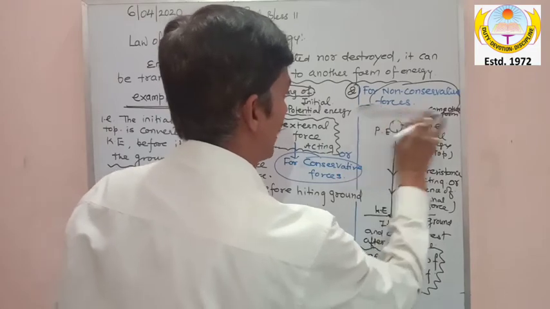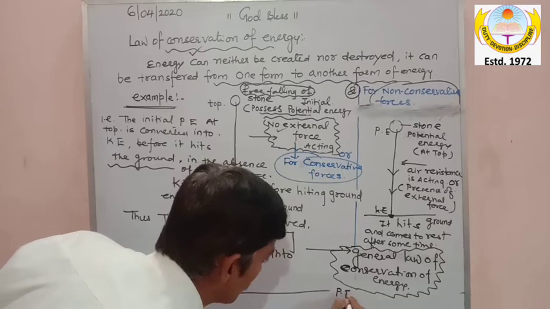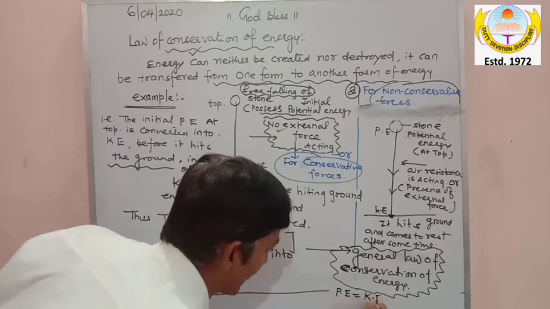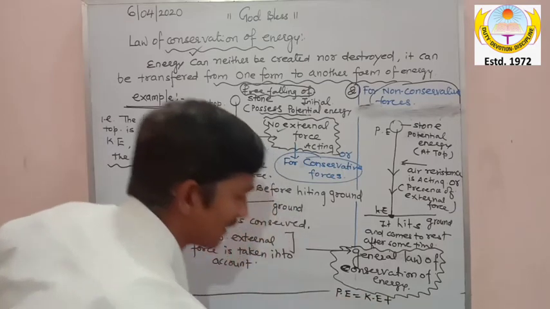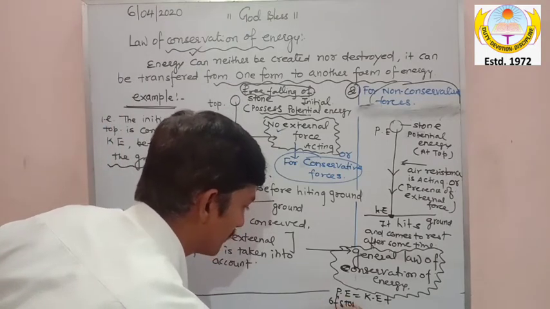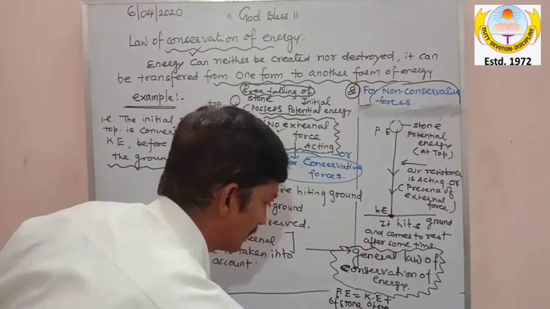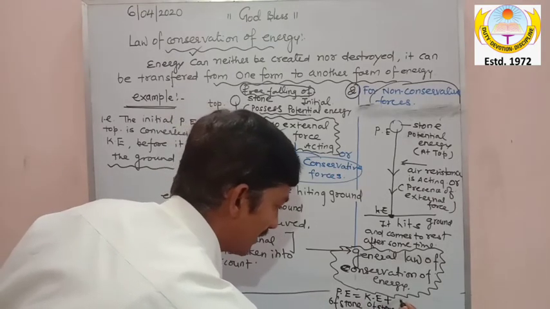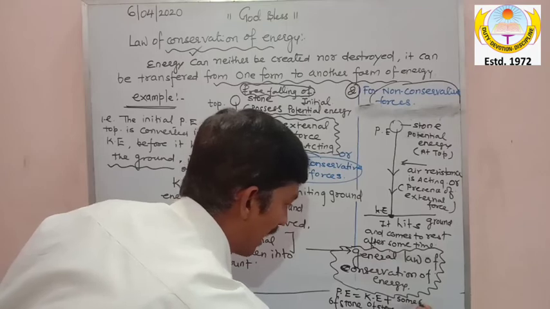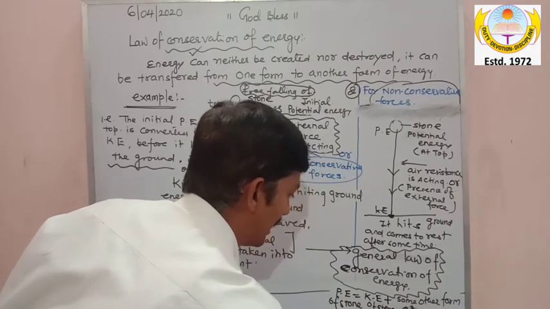So here I will get potential energy of stone is equal to kinetic energy of stone plus some other form of energy.